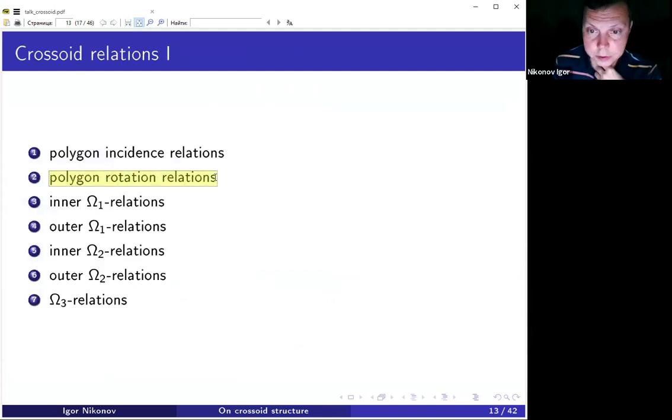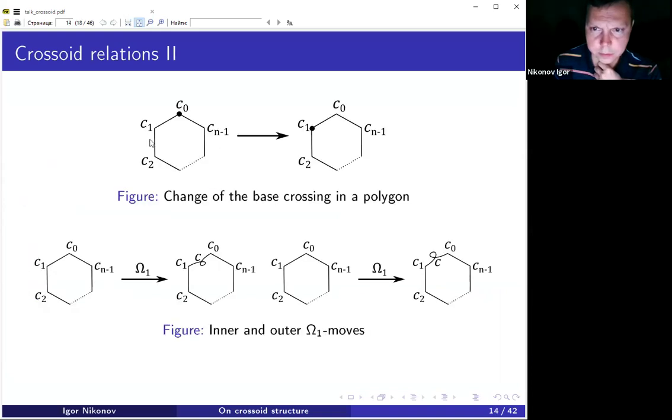Another set of relations: rotation relations. Rotation relations mean the following: assume we have a region which is an n-gon, then we can choose any crossing and express its color through the colors of the other vertices. But we can take, instead of C0, the crossing C1, and the color of this crossing is also expressed through the colors of all the other crossings.